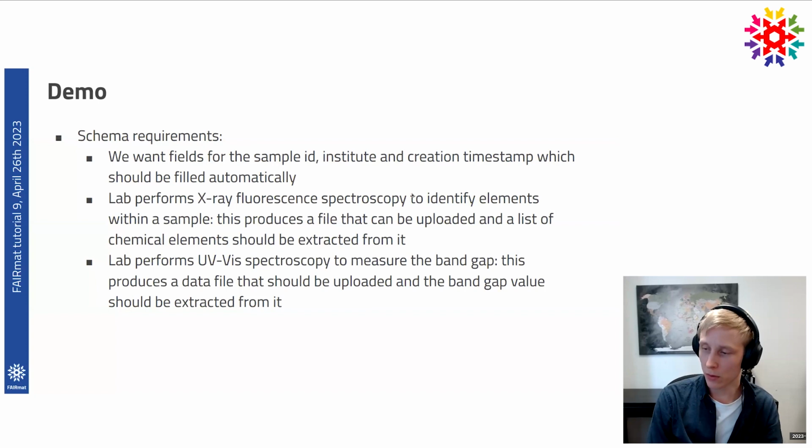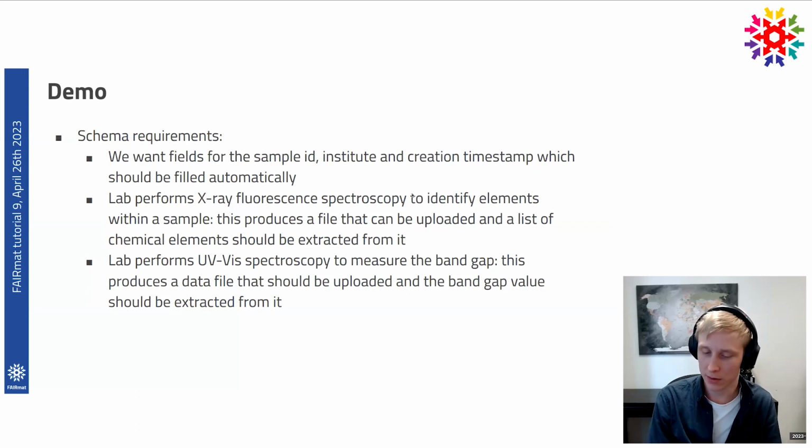The lab then also performs another measurement, a UV-visible spectrum measurement, to measure the band gap of this sample. This produces another data file that you might want to associate with your entry, and we want to automatically extract the band gap value from this. So these are the ideas that we have.